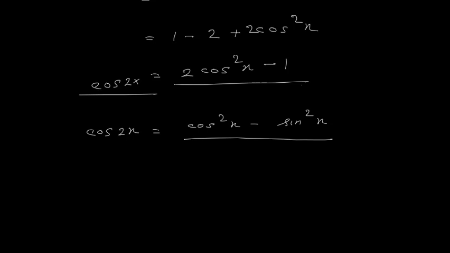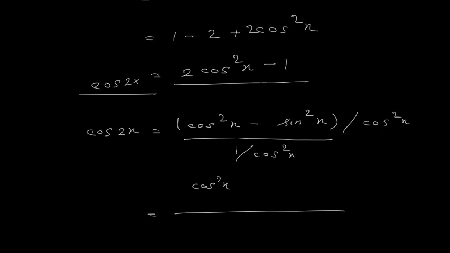So this numerator I will divide by cos square x. Here my denominator is 1. This numerator I will divide by cos square x, and this denominator I will divide by cos square x. So this cos 2x is equal to cos square x upon cos square x, minus sin square x upon cos square x, whole divided by 1 upon cos square x.